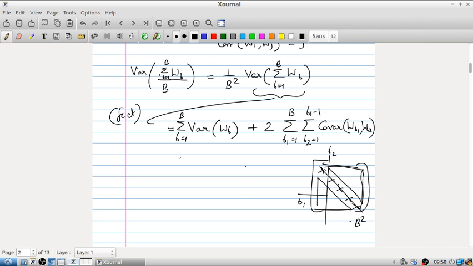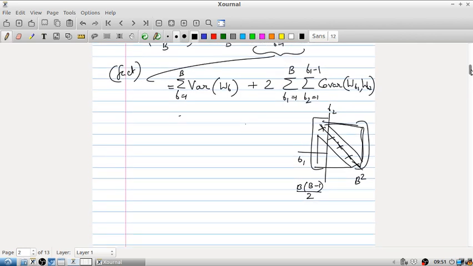I'm just saying count just the lower triangular, so that's going to be B times B minus 1 by 2. It's going to be B choose 2.